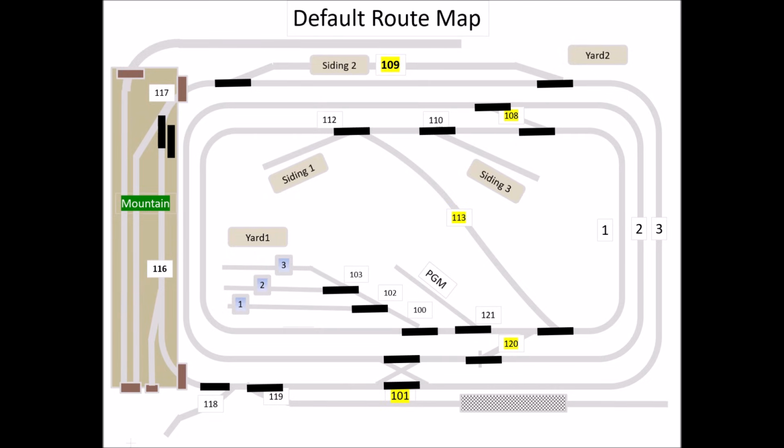That way, when you create another route, you know which switches you have to toggle or change and which switches you don't. And it'll be much faster when you're creating a route if you don't have to switch every single turnout. With the number of turnouts approaching 60 or 70 or however many you have, it can take a few seconds to cycle through all of these turnouts. So it's good to know, if you have a standard configuration, which turnouts you have to switch and which ones you can leave alone. So that's just one little tip.